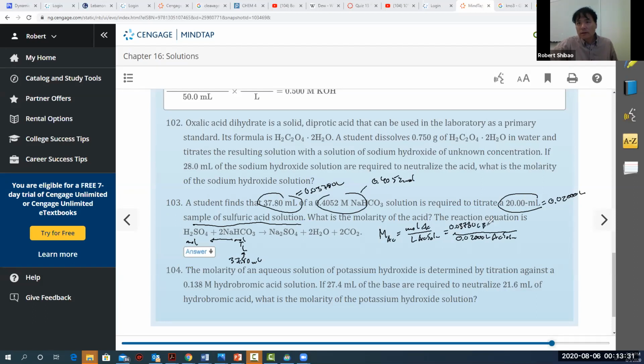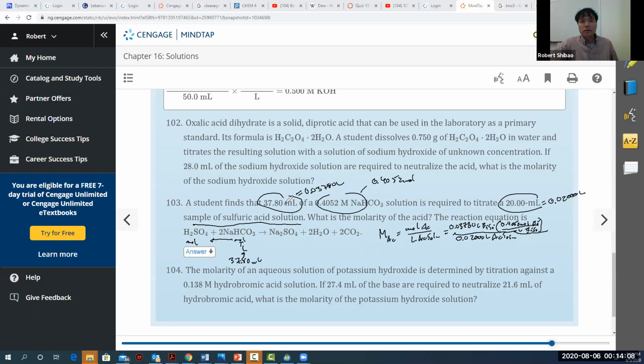I'm going to call it just B, bicarbonate solution. And then the molarity, 0.4052 moles of pure bicarbonate per liter of bicarbonate solution.